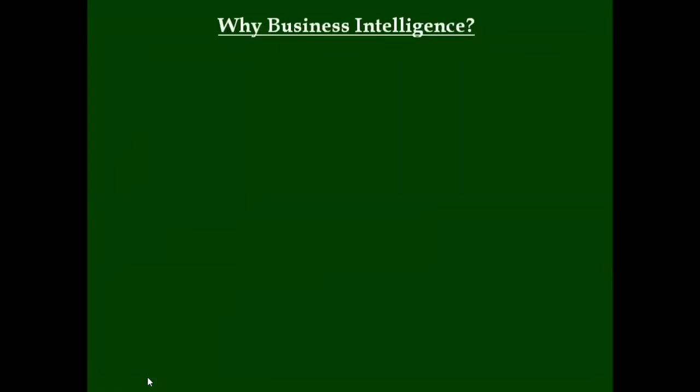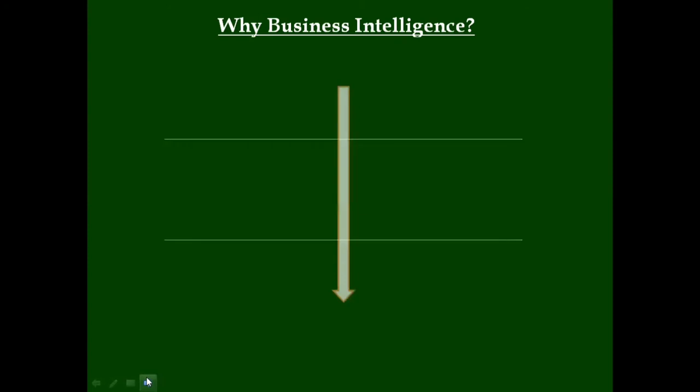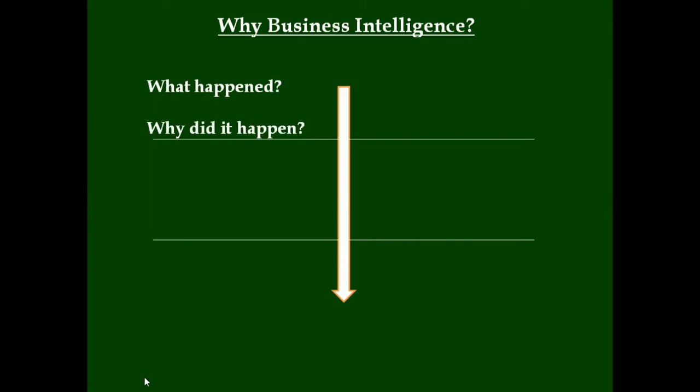Why do we need business intelligence? Why is there a business intelligence? We can understand by these slides. What happened? Why did it happen? To know the past. If we have data, we can find what happened and why it happened, and we can know the past.